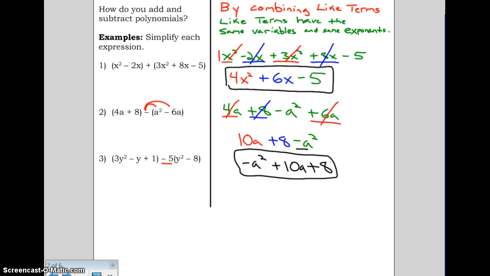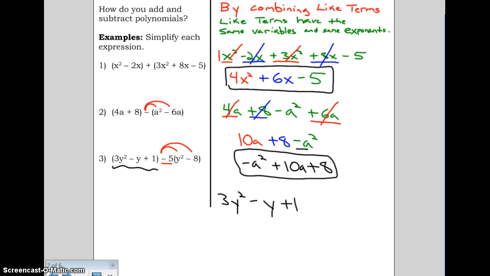This problem is pretty similar to the one above. We're going to distribute this -5, meaning we're going to multiply -5 to the y squared, and multiply the -5 to the -8. So we can rewrite this problem now as 3y squared minus y plus 1, with the parentheses staying the same except we're getting rid of them.